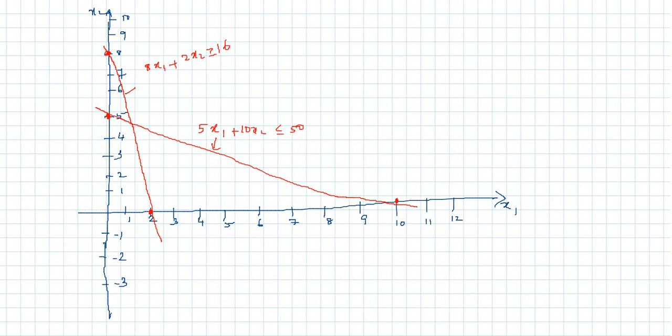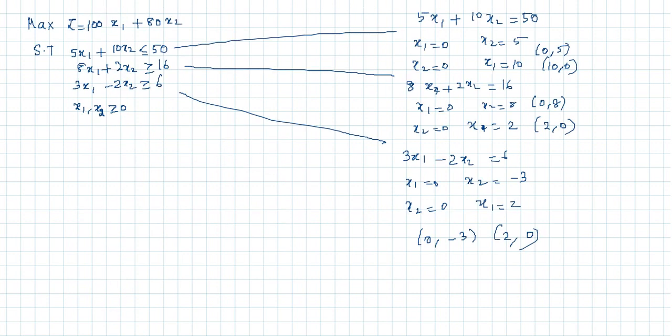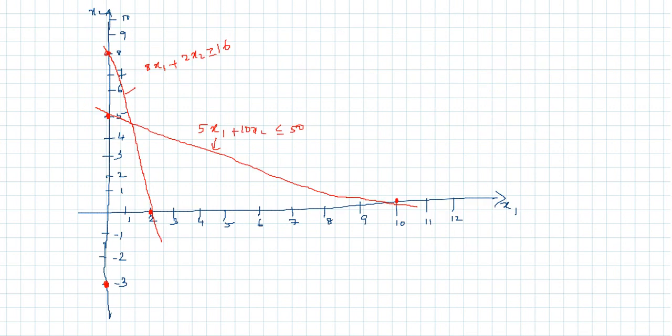The third one has points 0 comma minus 3 and 2 comma 0. You construct a line from this point to this.